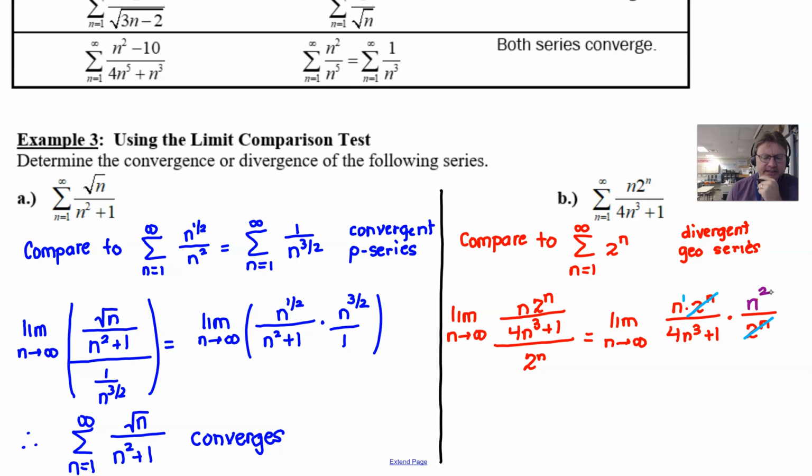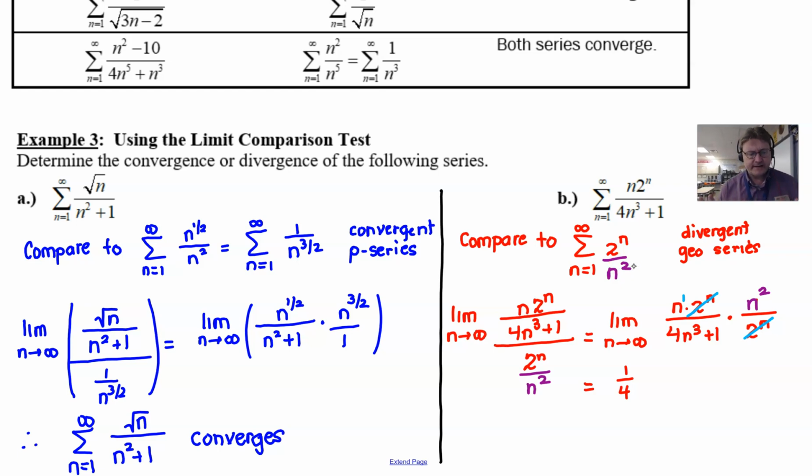Wouldn't that produce an n to the third on top? And then I would end up with a limit of 1/4. Hopefully you all can see. Well, if that was going to happen, then by golly, I would need a 2 to the nth over n squared here, which means my comparison series should have been 2 to the nth over n squared here.